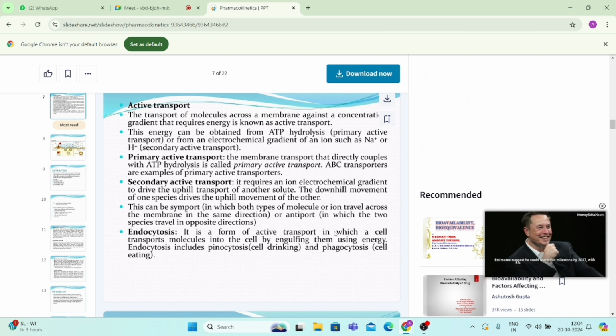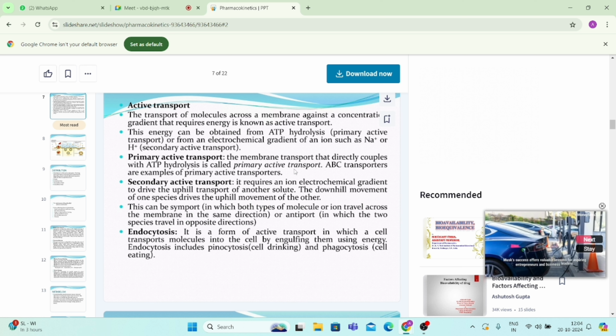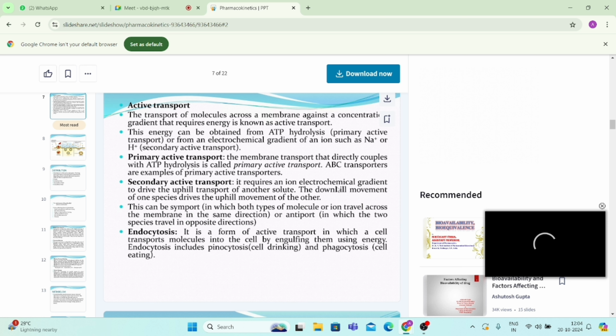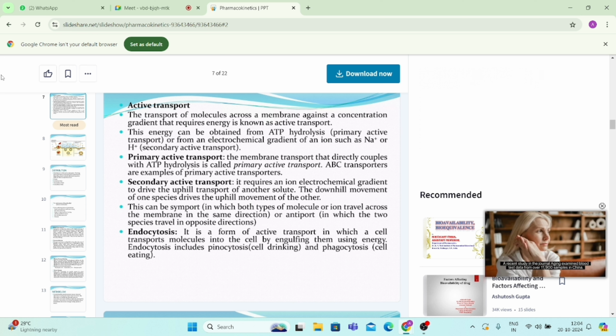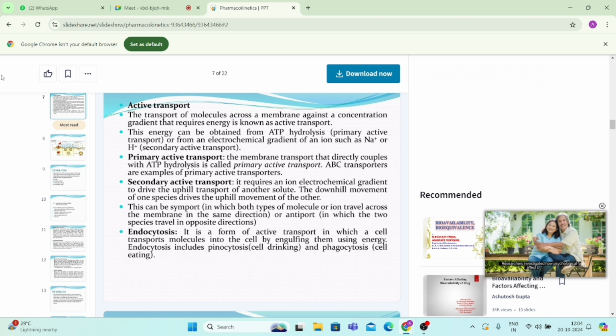And next, coming to secondary active transport, here it requires an ion electrochemical gradient. Again here also we require one gradient. Even this is an uphill process only, not a downhill process. Two things will be moving simultaneously, in the sense one will be going down and the other one will be coming up.